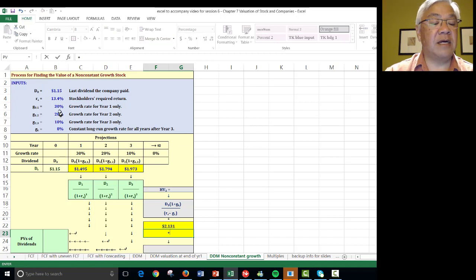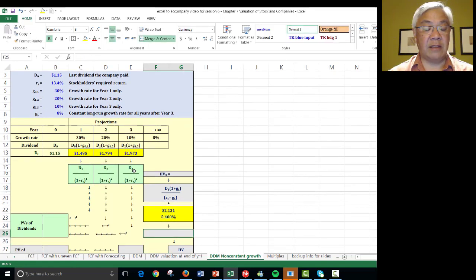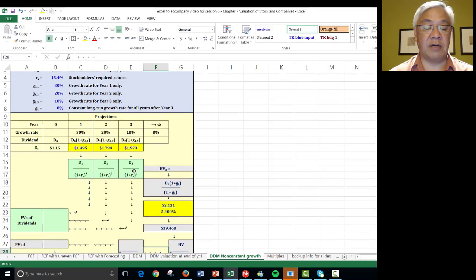So be careful we get the right rates here. So required return is 13.4 minus long-term growth rate of 8. 13.4 minus 8, yep. And now we can do the math of dividend divided by this denominator is 39.